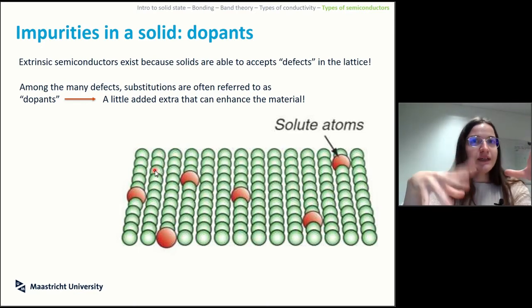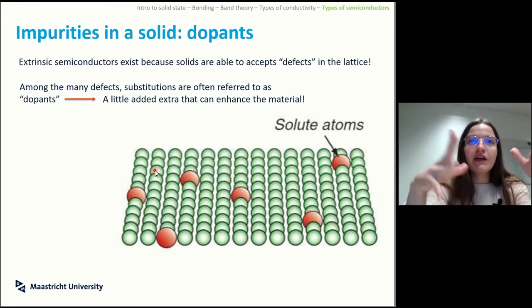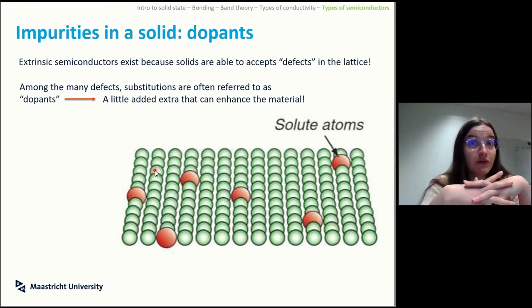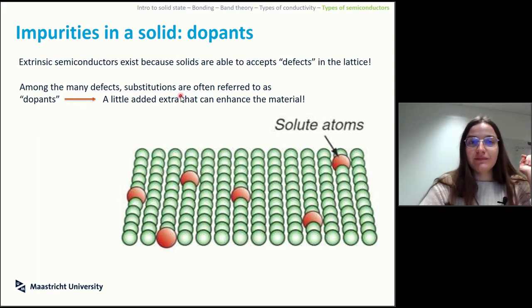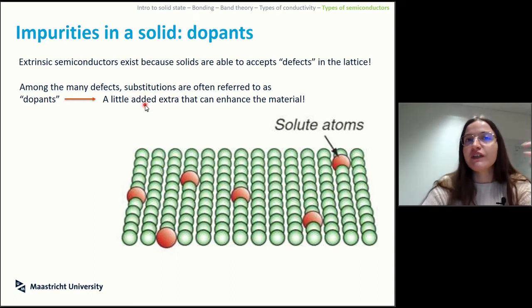This thing is possible because it's a whole solid. You cannot do this in a single molecule. If you change an atom, you disrupt the molecule. This is a solid. You have 10 to the 20 atoms. If you change a fraction of them, so 10 to the 2, who cares? You can still arrange them, right? But they can add that tiny little spark into your material that makes it do something different.